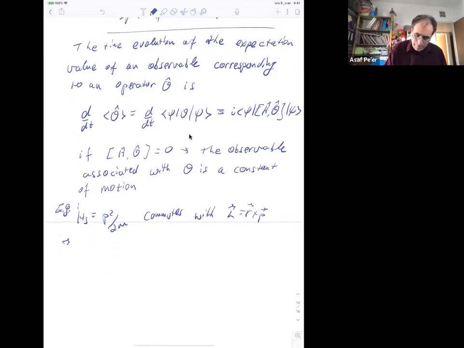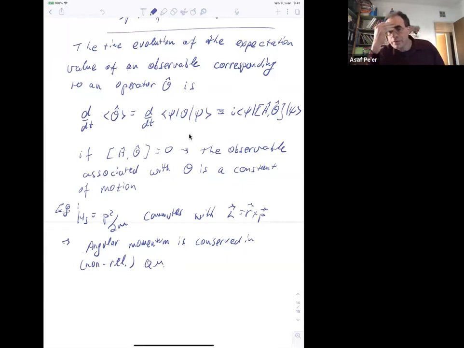Angular momentum is conserved in non-relativistic quantum mechanics. If you're not sure why these commute, go and check. They do commute.